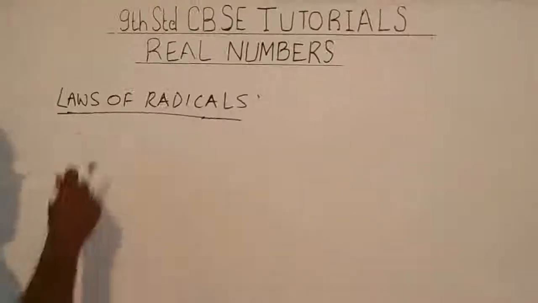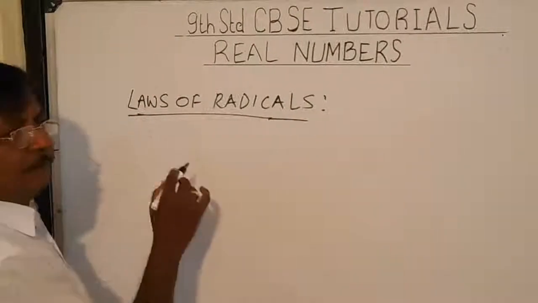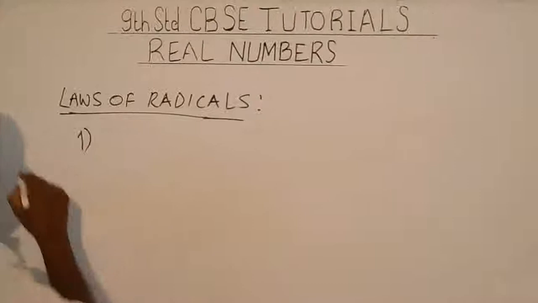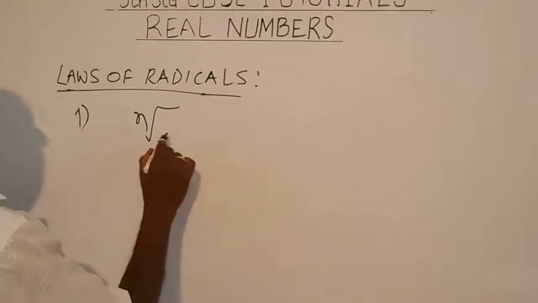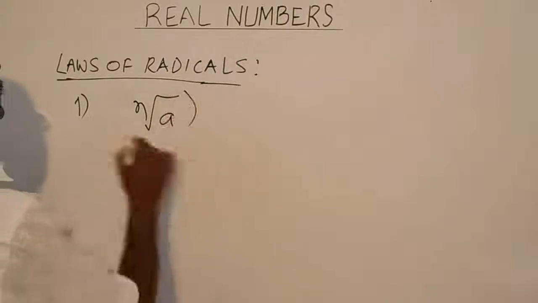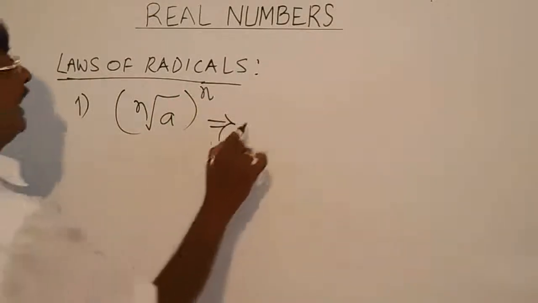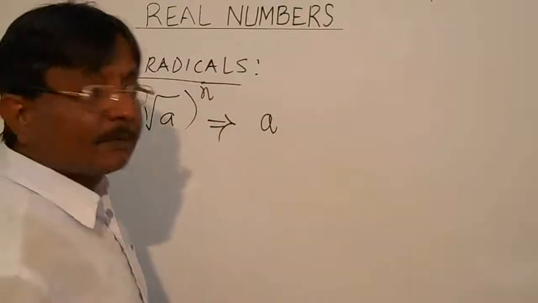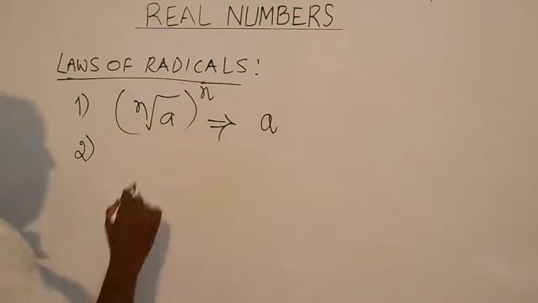Coming to the laws of radicals. Okay, there are laws here. So we'll see the number 1. The first law here is nth root of a to the power n, which can be expressed as a. Okay. Next one, number second law.